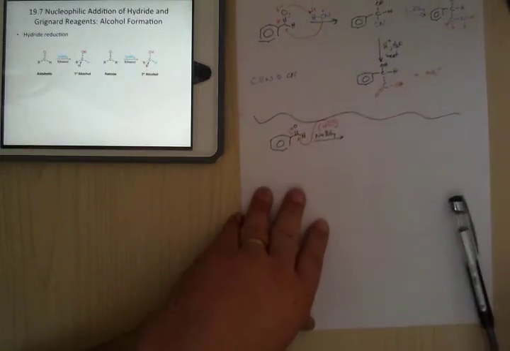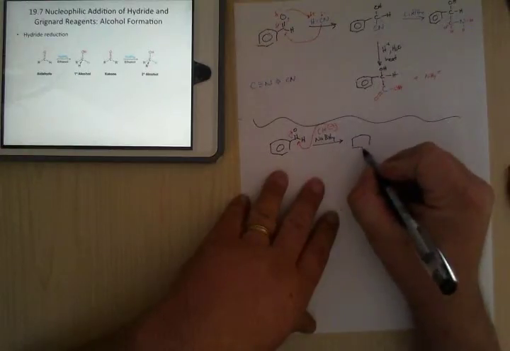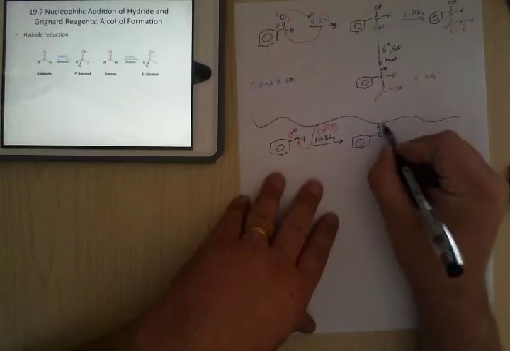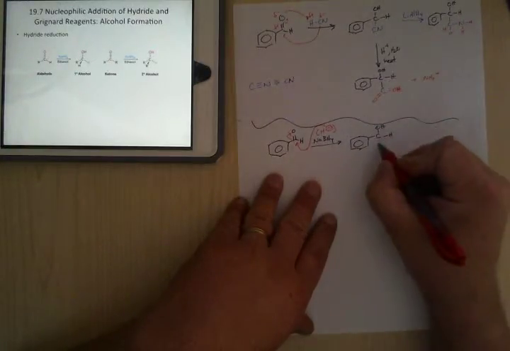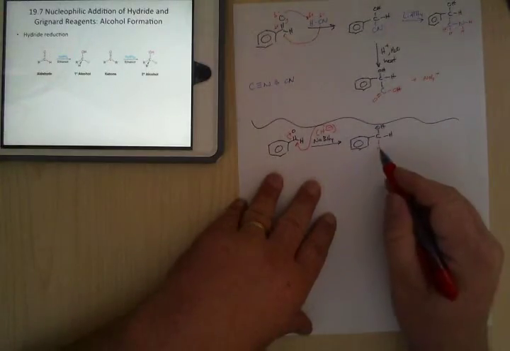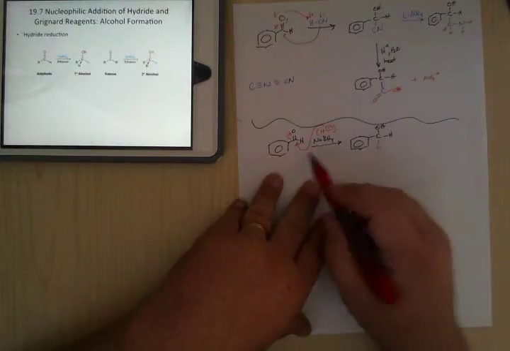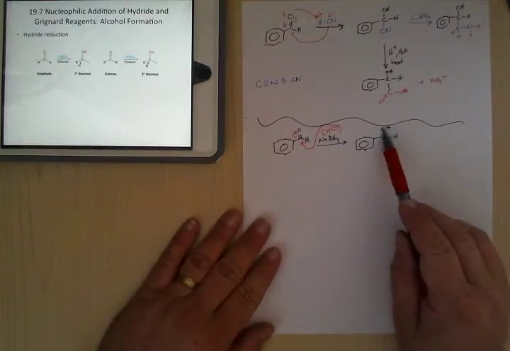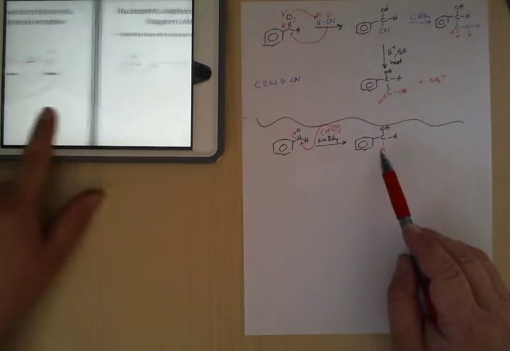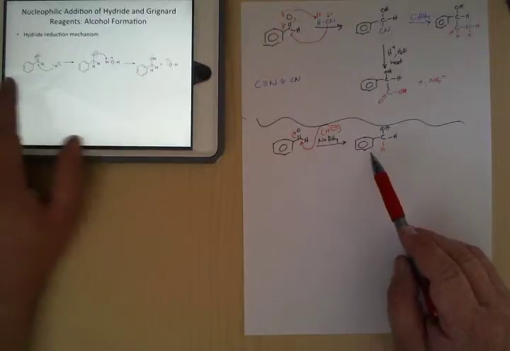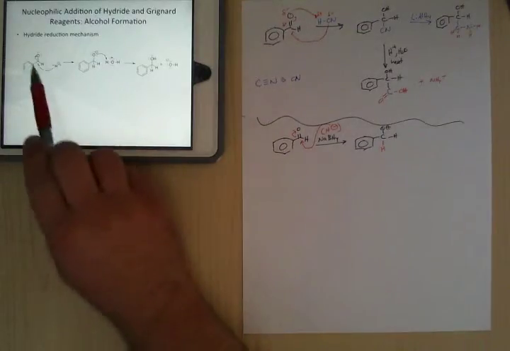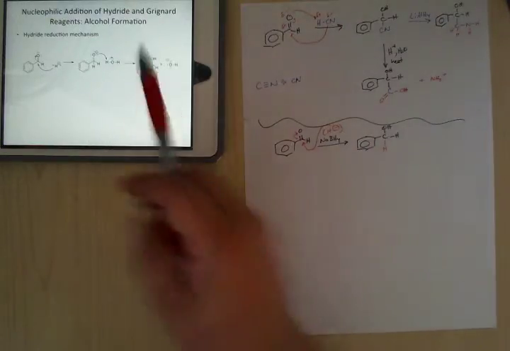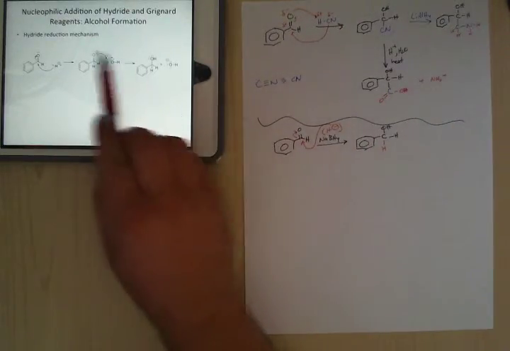You're going to kick this up, so you're going to end up with OH plus what you attacked with, which in this case is just an H. It doesn't matter if it's an aldehyde or ketone, it's going to work the same way. Here's the mechanism: you attack here to make the tetrahedral intermediate, and then during the workup, which you dump in water, you end up making the alcohol.